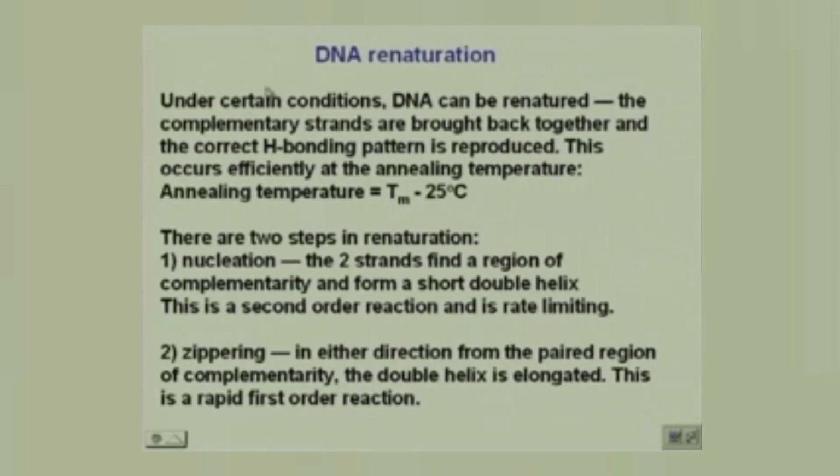Now, under certain conditions, DNA can be renatured. When we say renatured, in this case, what do we mean? How is it different from the renaturation of proteins? When we denature a protein, we are unfolding the polypeptide chain, right? But when we are denaturing DNA, we are separating the strands, right?